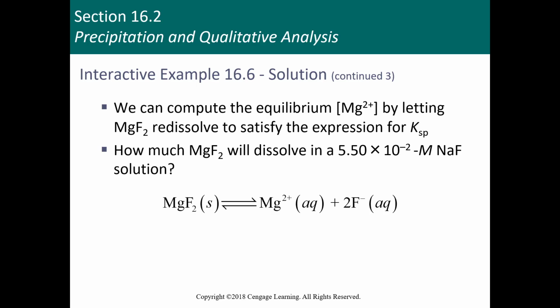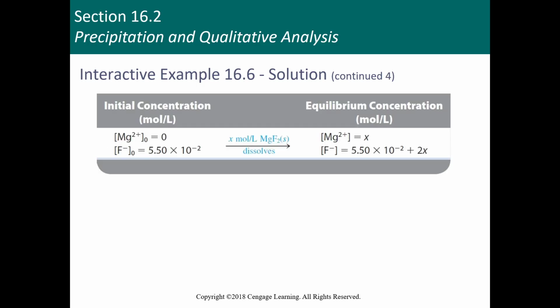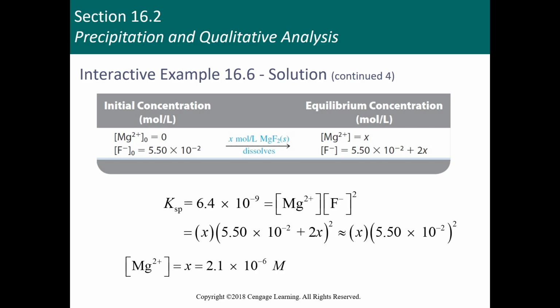So we look here, this is the MgF2 dissolving in water, and that's our equilibrium reaction. This would be our equilibrium expression, and that right there is our KSP that was given to us. We do this as a normal ICE problem. So we're going to go ahead and take, well, Mg2 plus, we consumed all of that, we said, and so that's 0.